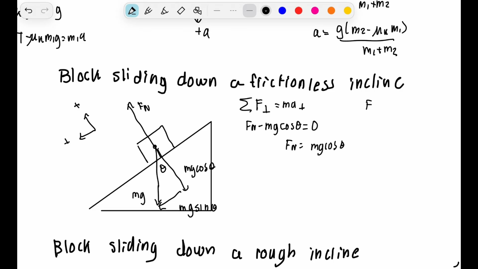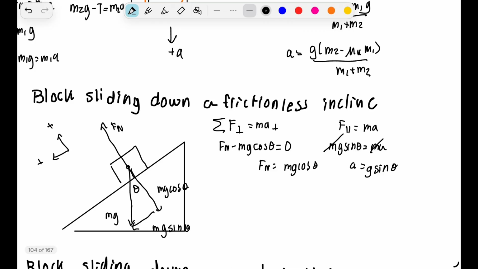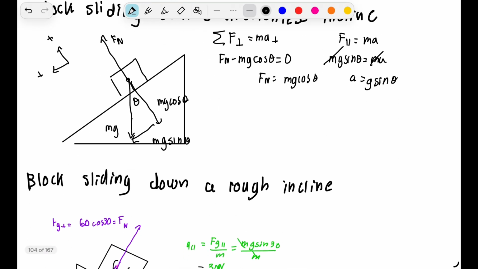Now, what about our forces parallel to the incline? We only have mg sine of theta, which is gravity pushing this block down. So acceleration is just equal to g sine of theta. That component of gravity is the only thing causing our acceleration.